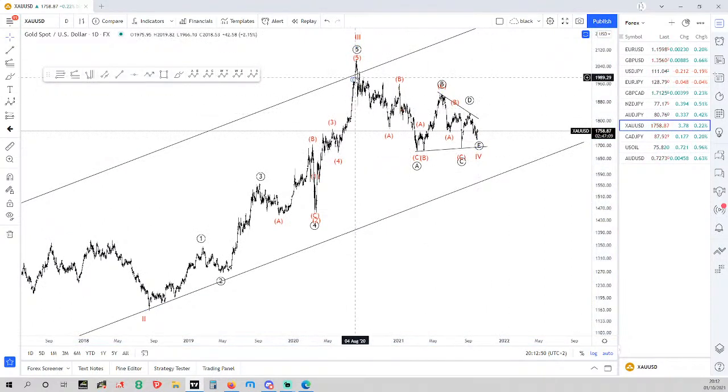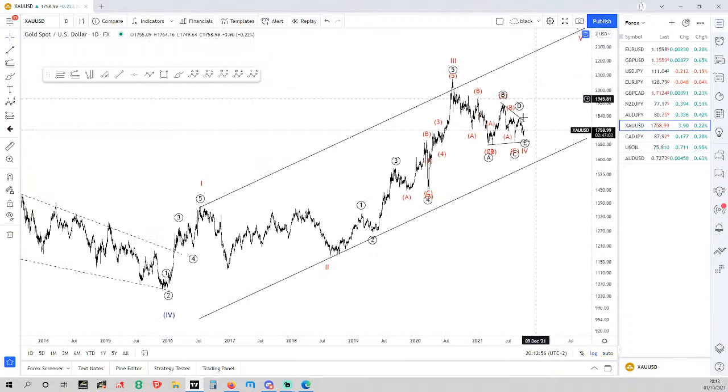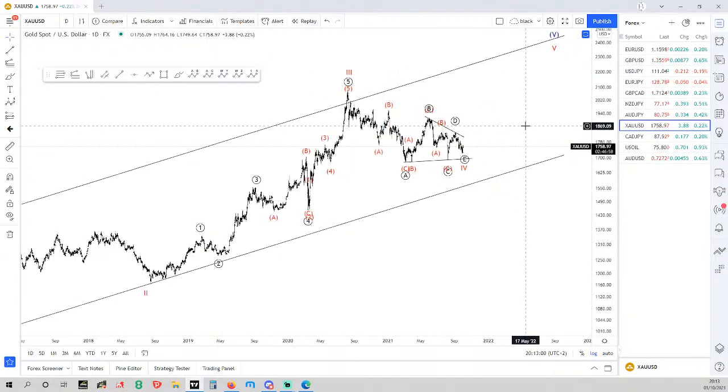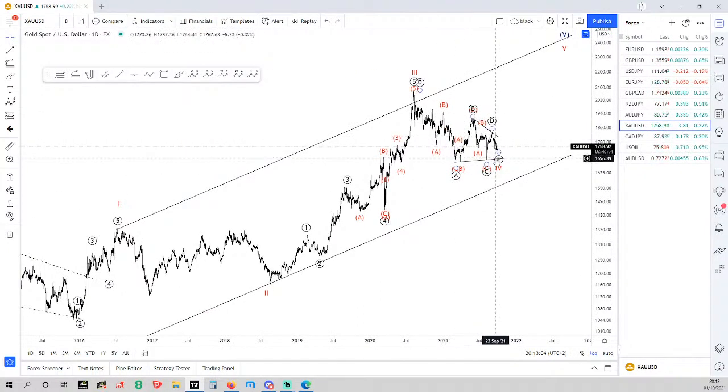This is a daily chart, so remember this has been taking over a year. So the move after this is going to be big. It's going to be very big. There's a lot of room. If the triangle is not the case, then a complex correction, so a bit more downside, but not much. But I think this could hold.